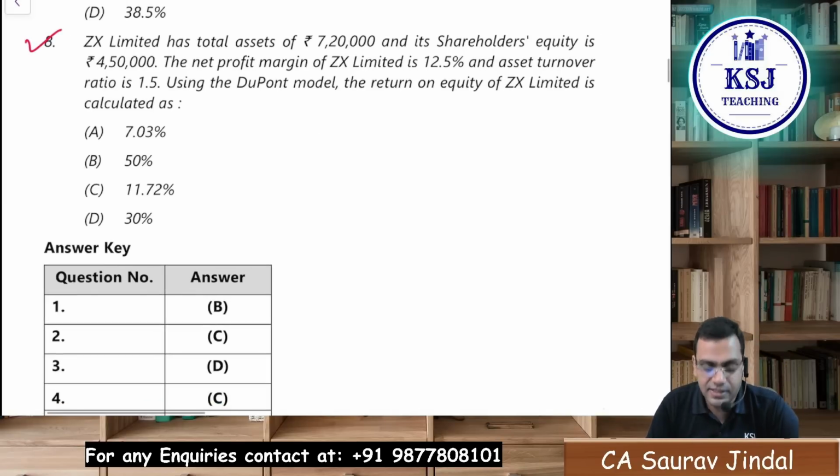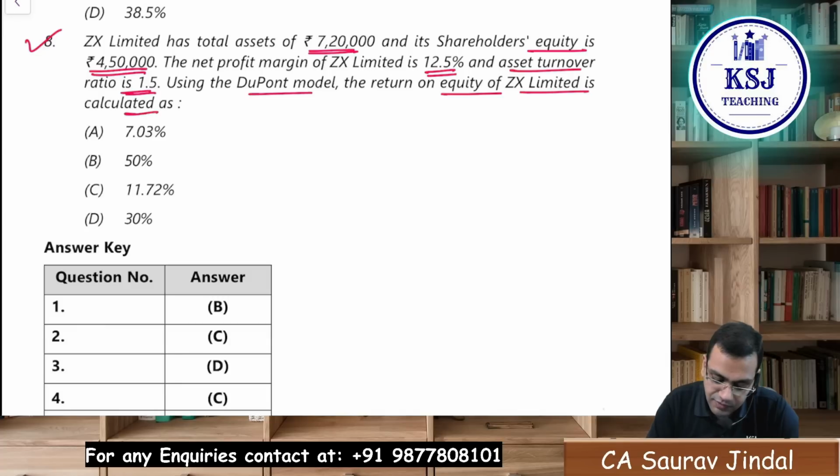ZX Limited has total assets of 7,20,000 and shareholders' equity of 4,50,000. The net profit margin is 12.5% and the asset turnover ratio is 1.5. Using the DuPont model, the return on equity of ZX Limited will be calculated.